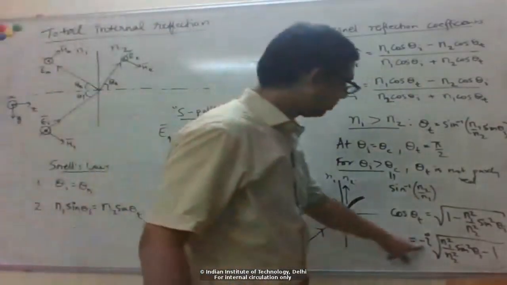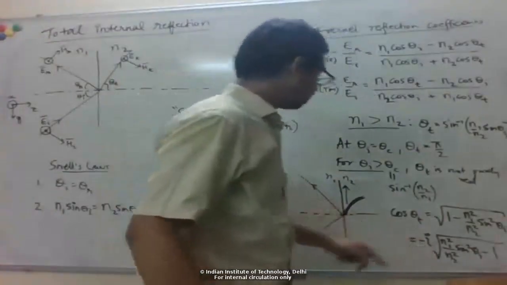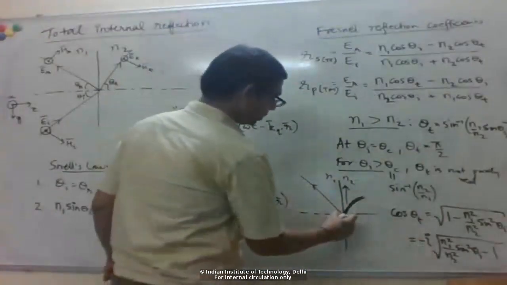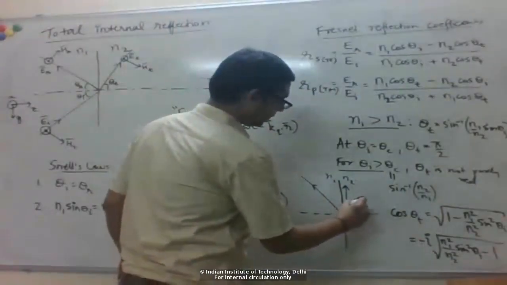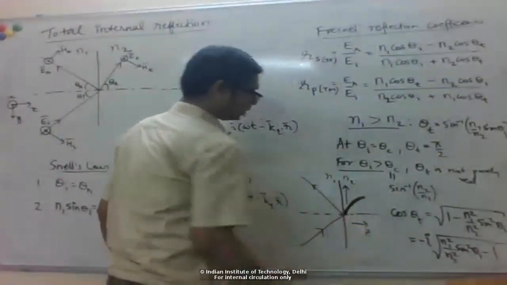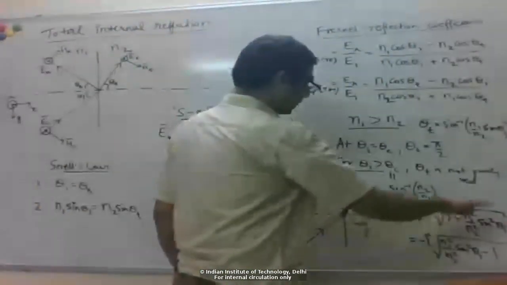I put a minus sign in front of this iota here, so that we get an evanescent wave which is decaying exponentially with z into the other medium. If you take an exponentially increasing wave, that is not physical. So that's how you choose this sign.